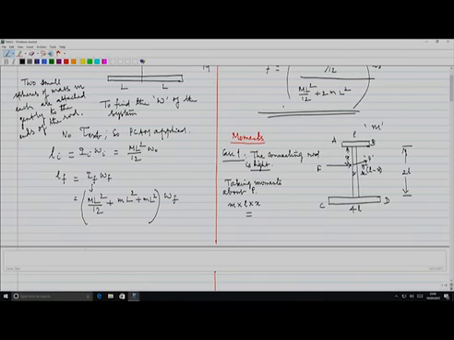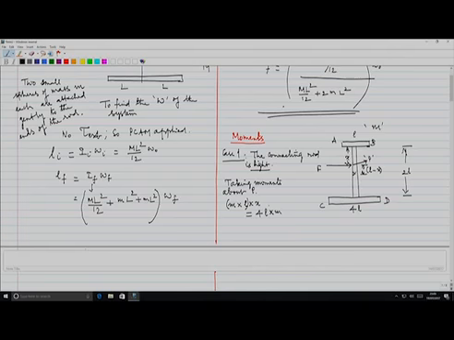That must be equal to this, 4m, the mass per unit length is m, therefore m into 4L is the mass, times this distance.